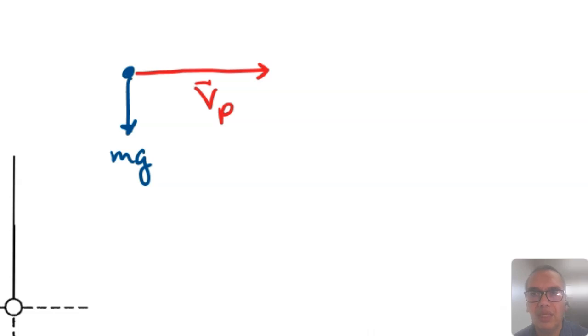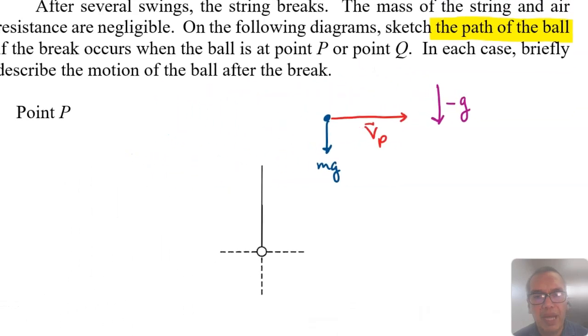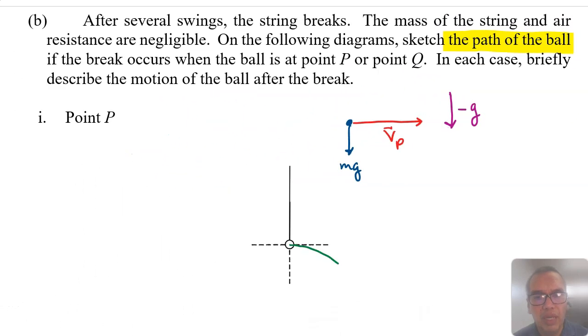This means that you have only gravitational acceleration negative g. So you have constant velocity in the x direction and accelerated motion in the y direction. Basically, this is a projectile. You could say that the path that this object is going to follow has to be a parabolic path like this.